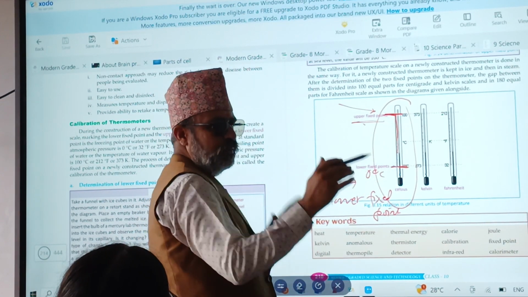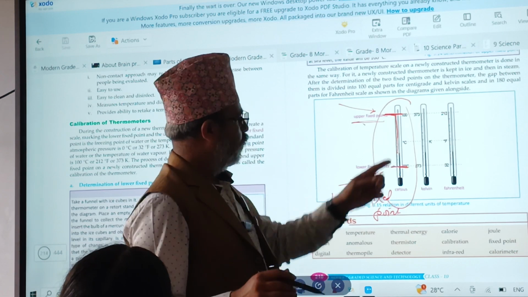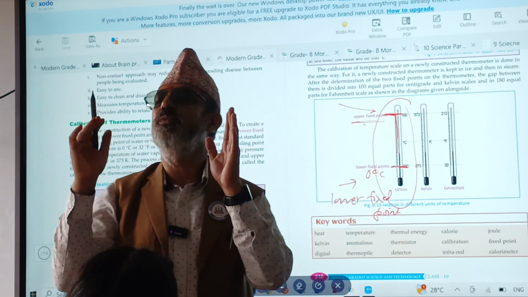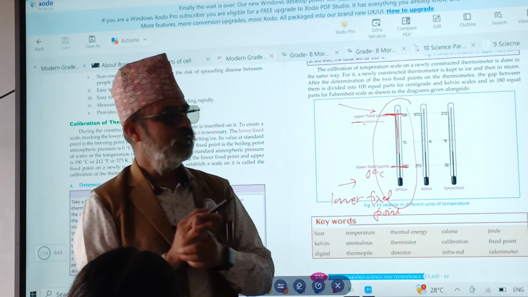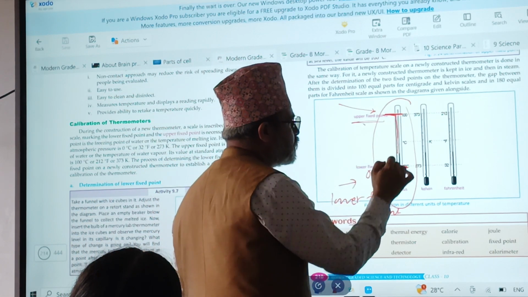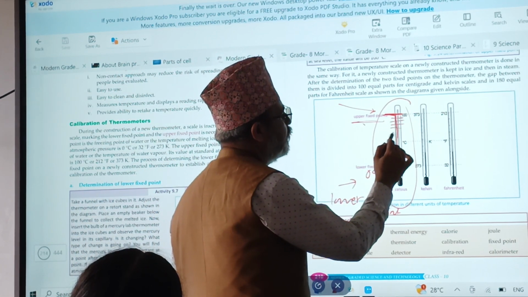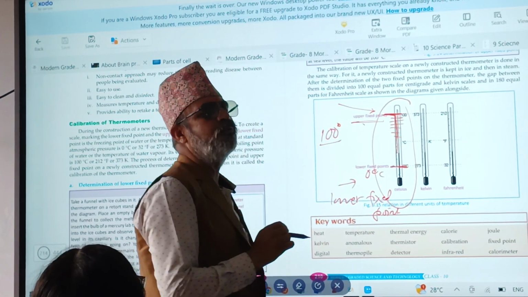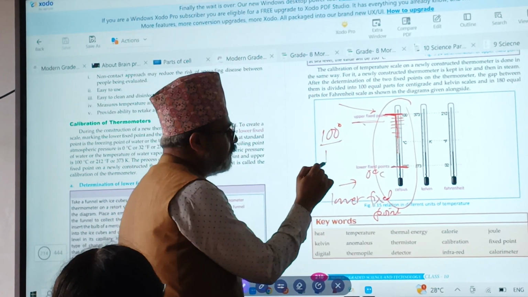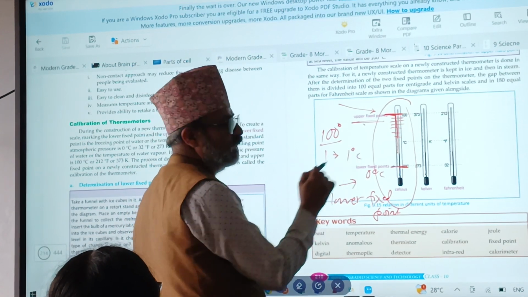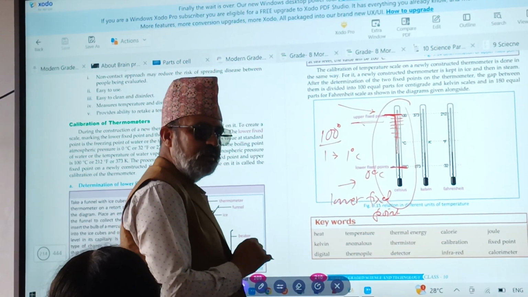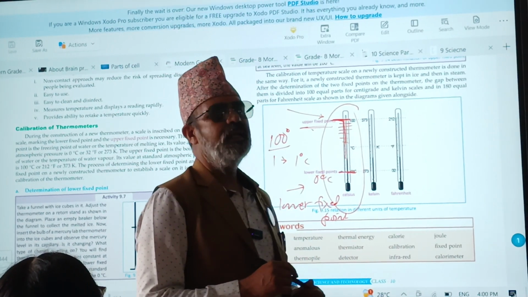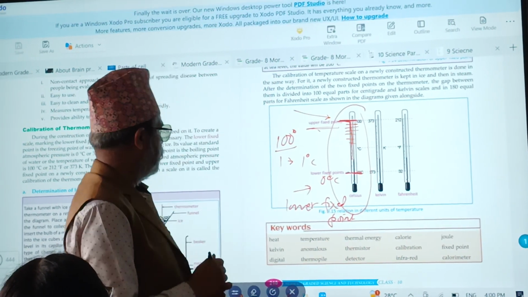Now, here are two points marked. One is upper, another is lower. After finding these two points, what to do? Divide this distance into how many equal parts? 100. So one part equals how much? 1 degree. Understood, Anand? So this phenomenon is called calibration of thermometer.